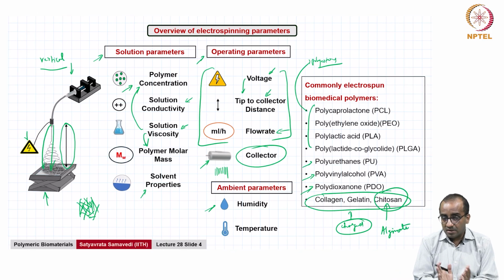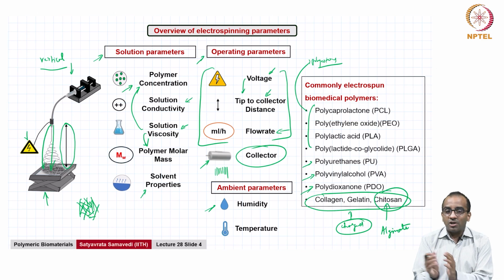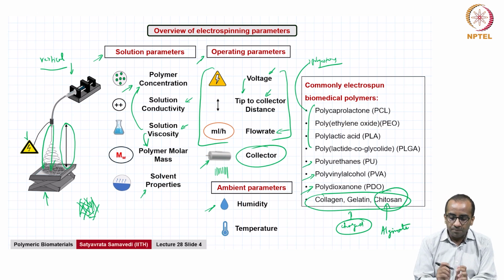Polymers like these, what are called polyelectrolytes, are harder to electrospin because the charges on the polymer will repel in solution, preventing chain entanglement. So what will happen is you can keep increasing the polymer volume fraction in solution. That will lead to an increase in viscosity without a concomitant increase in chain entanglements. But again, from a structure property perspective, these are some important aspects to keep in mind as you think about processing some of these polymers through electrospinning.